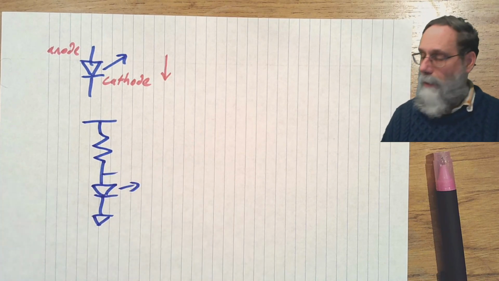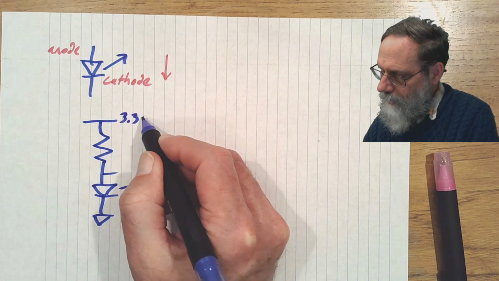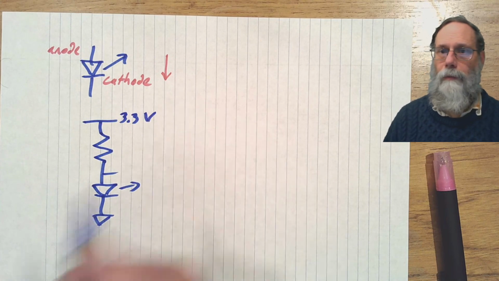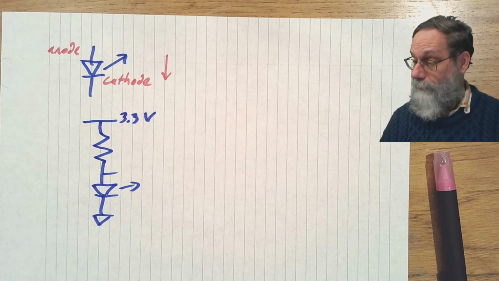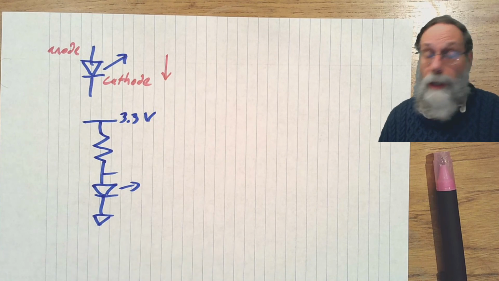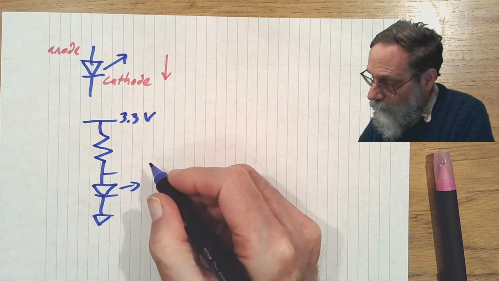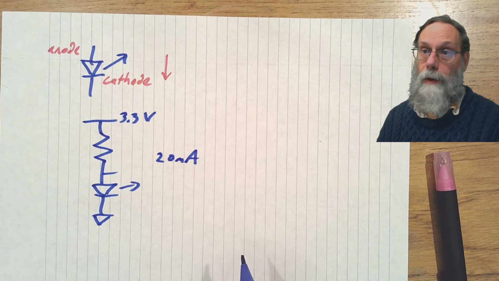All right, so if this is from the Teensy and it's 3.3 volts, we want to get something that limits the current here to, let's say, 20 milliamps. If we want 20 milliamps through this diode, how do we get it?